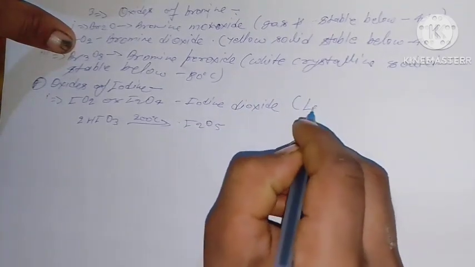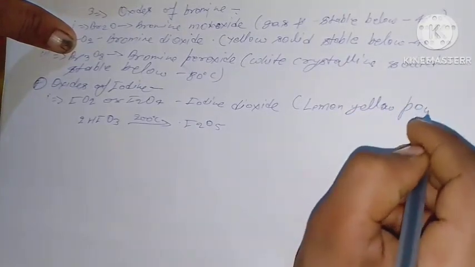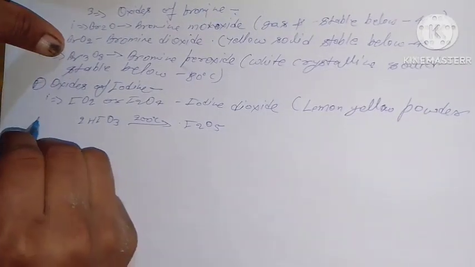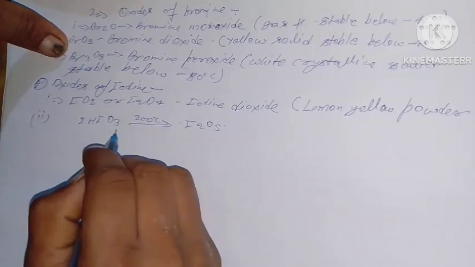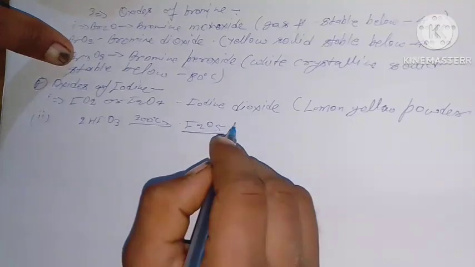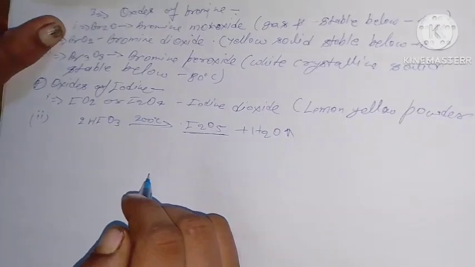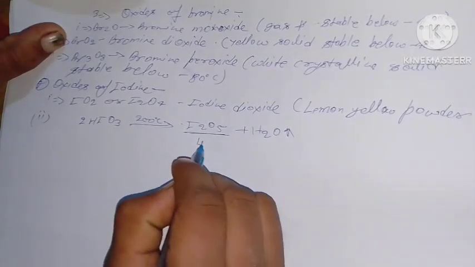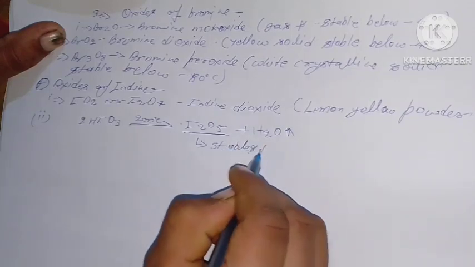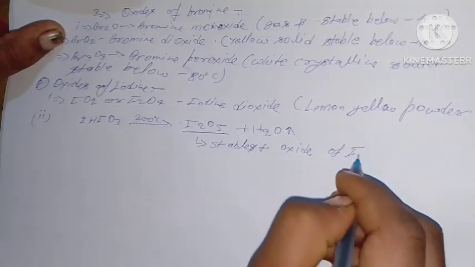Lemon yellow powder. The second point, I2O5. This is the most established oxide of iodine.